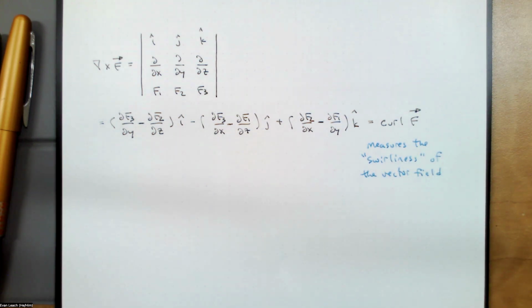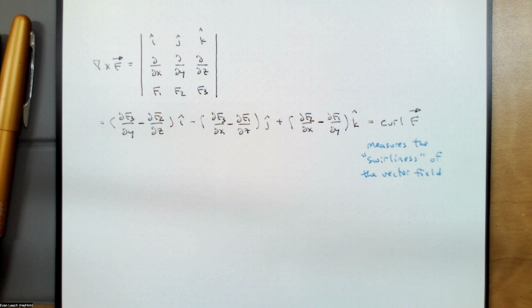Yes. What's that? It is also going to be normal to the overall spin of the vector field. If the vector field is spinning around on this table, then the direction is going to be normal.